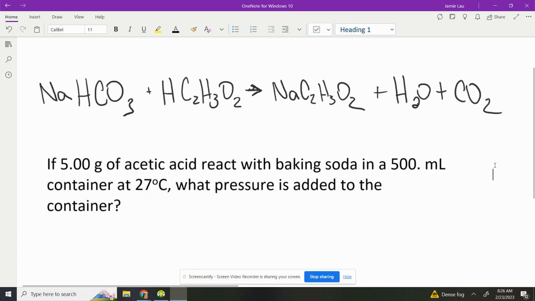So 5 grams of acetic acid react with baking soda in a 500 ml container. What pressure is added to the container?